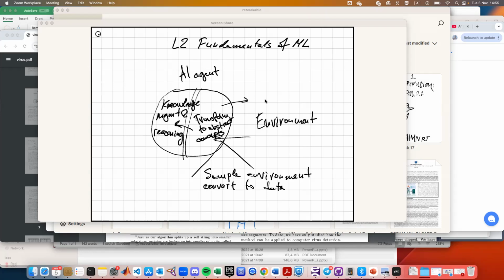And during this transformation to abstract concepts, we process this data with a specific algorithm which serves a given purpose.